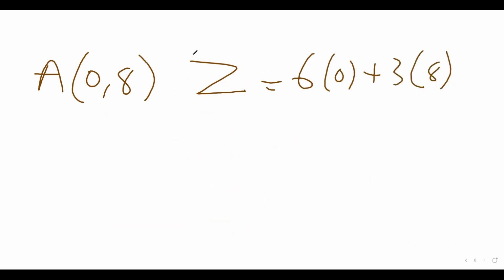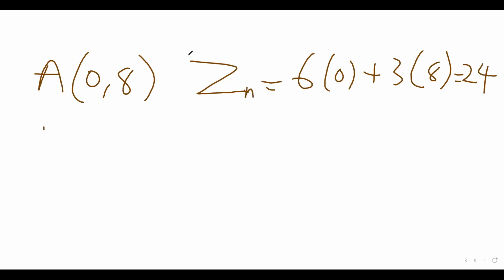And when you do that, you're going to get a value of what? You're going to get a value of 24. Let me write it to you. We're going to get 24, because 3 by 8 is 24, 6 by 0 is 0. So that is at point A.